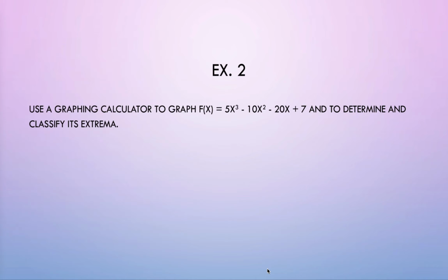Use a graphing calculator to graph f of x equals 5x to the third minus 10x squared minus 20x plus 7, and classify its extrema. So we're going to graph the function.